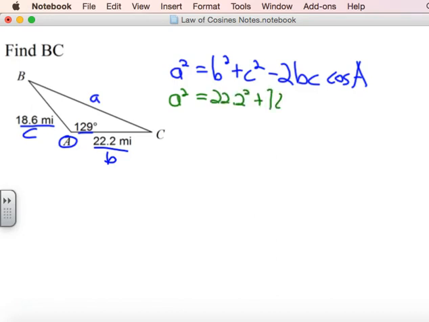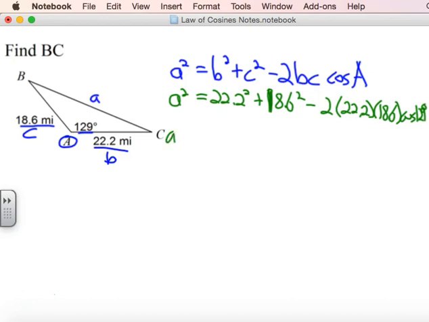C is 18.6 squared. So that looks like a 1, not a 7. Minus 2 times 22.2 times 18.6 cosine of angle A, which is 129. I'm running out of room over here, that's all right. So that's cosine of 129 degrees.